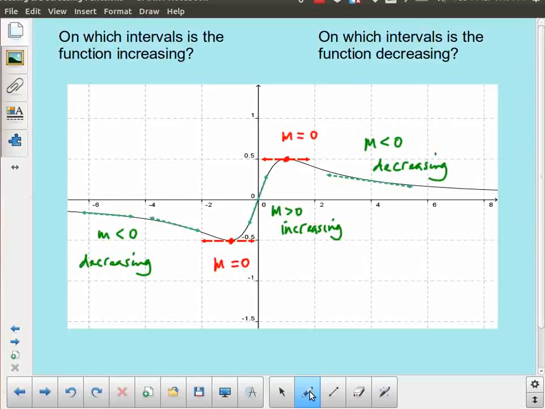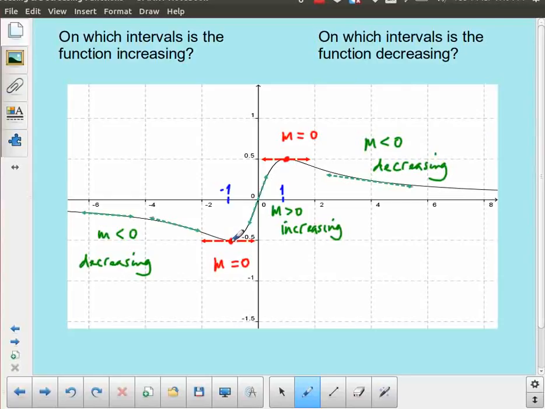And so when I answer this question, and I actually identify the intervals on which the function is increasing, I'm going to have to do a bit of an estimation here, but I'm going to eyeball this, and it looks like this is occurring at -1, and this is occurring at +1. So the interval of increase was between this local, actually in this case it's an absolute minimum and maximum, but they're also locals.